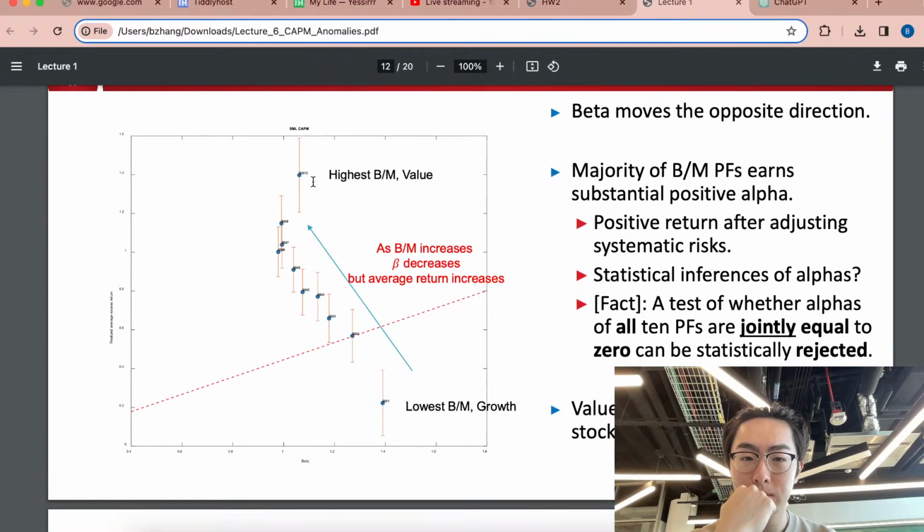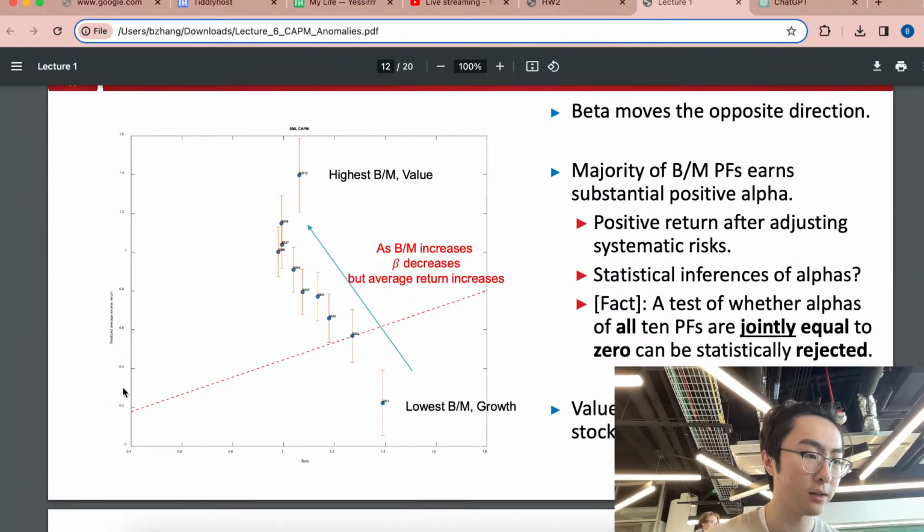So the value stocks have low betas, so lower risk, but have higher returns, which is contradictory with growth stocks that have high betas but lower returns. So this is what we want to replicate in part 4 of the homework. Okay.